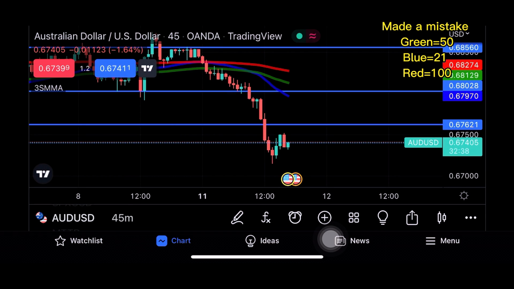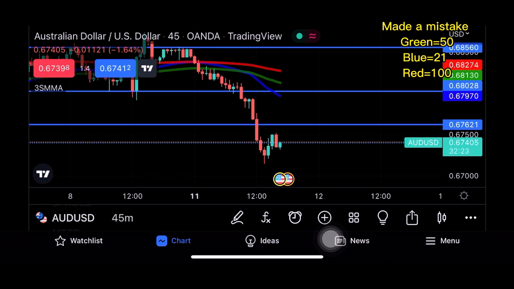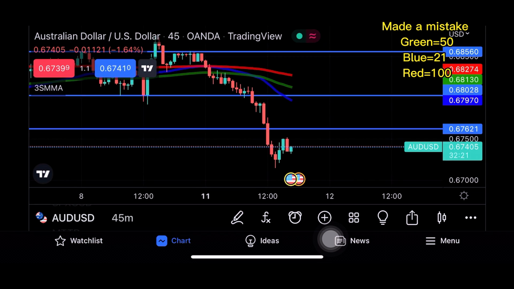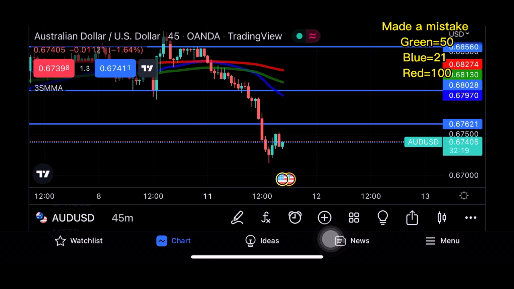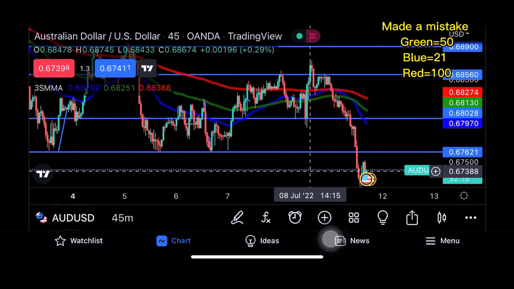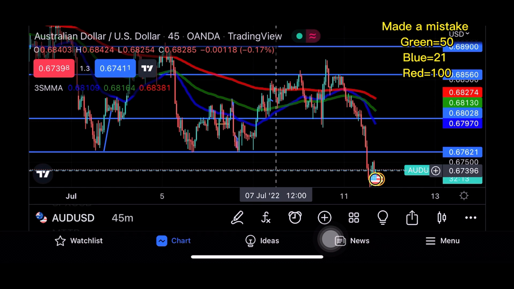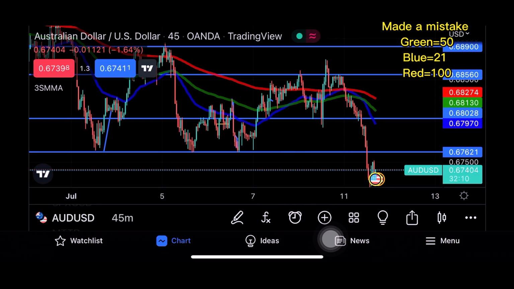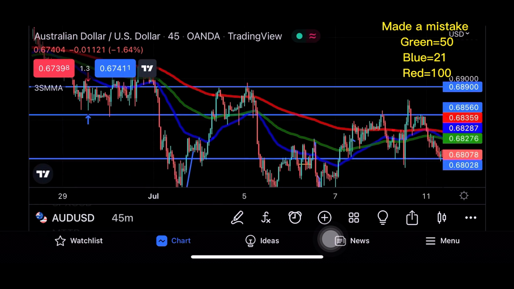And one thing with this is anytime you see the lines cross all 3 together like this, be looking for that move down, and vice versa for when it wants to go up. Whenever you see a cross like that, be looking for an up or down move, right? And so now we can see that it's truly going down because it's broken past not 1 support but 2 supports, right?